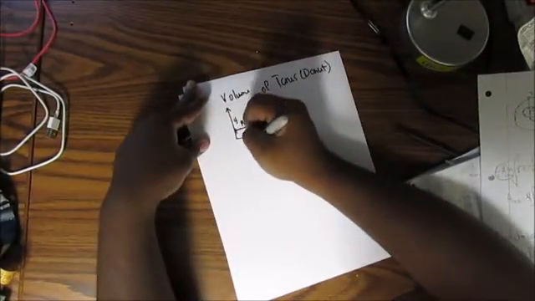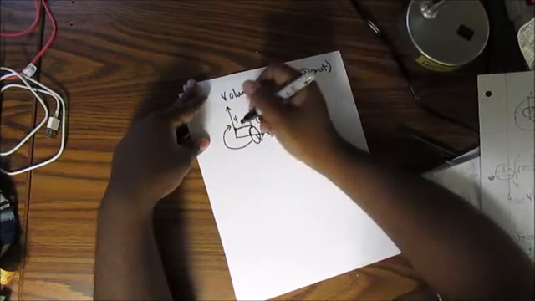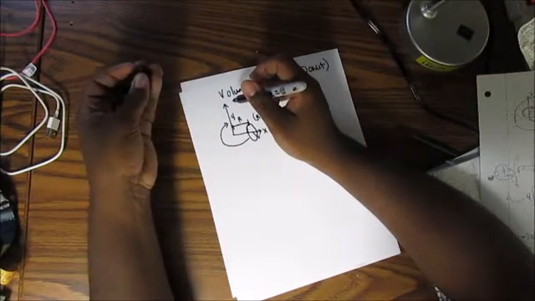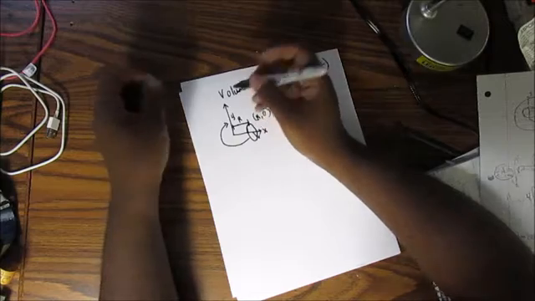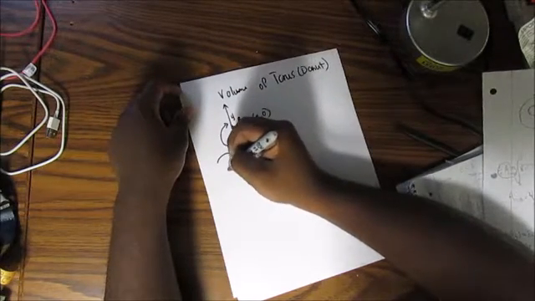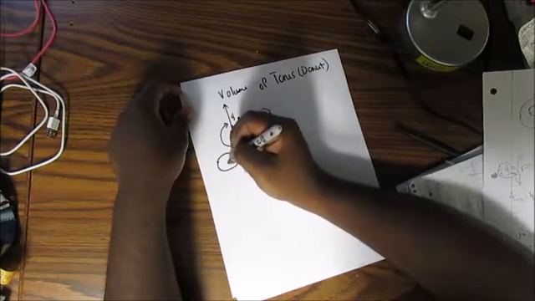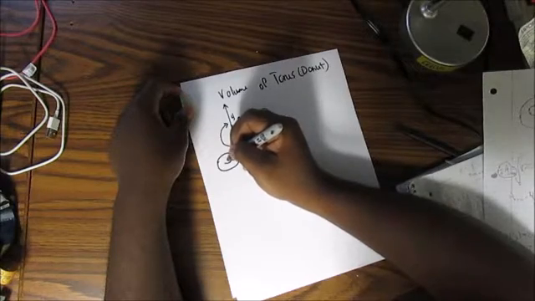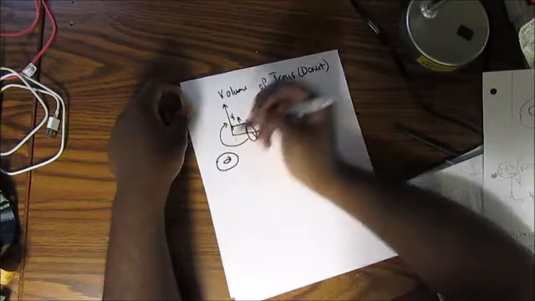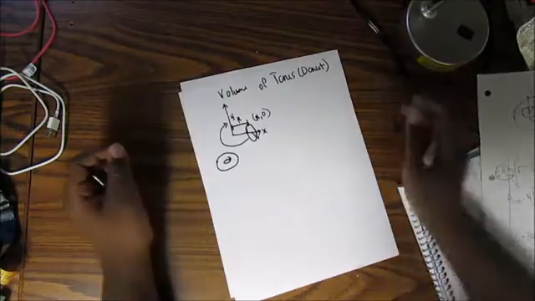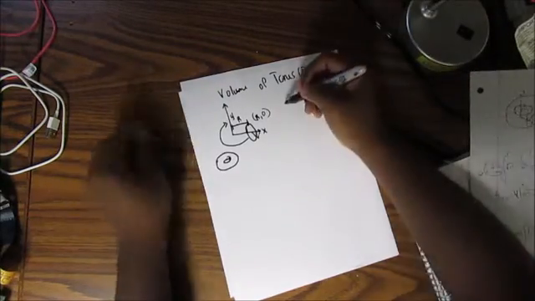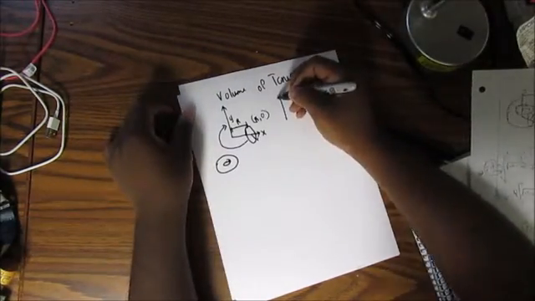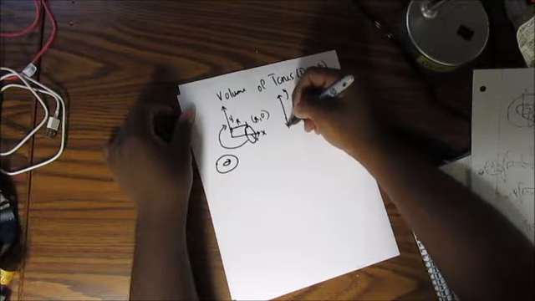Alright, we're just gonna revolve around the y-axis, making our donut shape. I suck at drawing a donut, but that's alright. There we go. Alright, so let's look at the cross section of this on a two-dimensional plane.